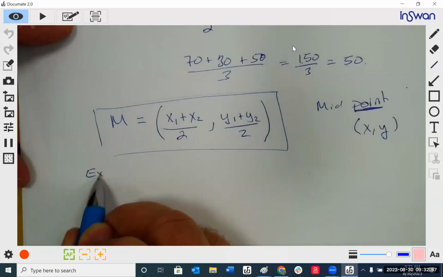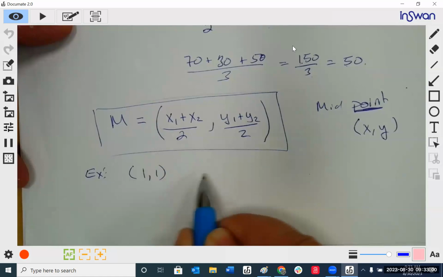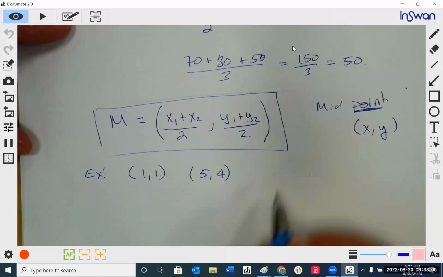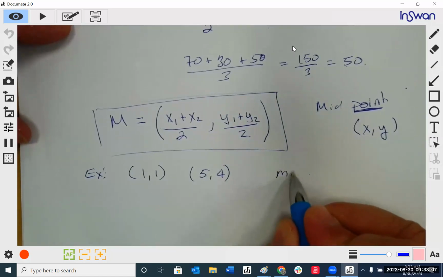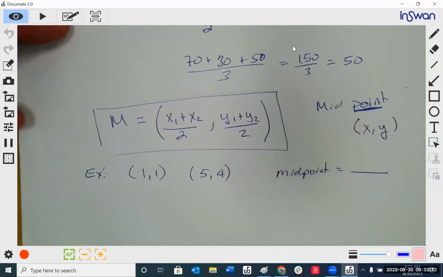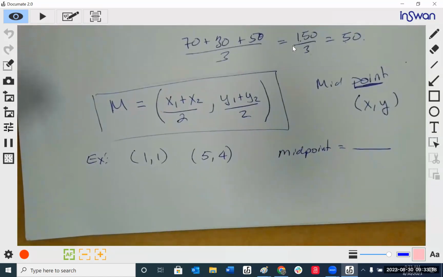So in our example, in our graph, we had (1, 1) and (5, 4). What's the midpoint?